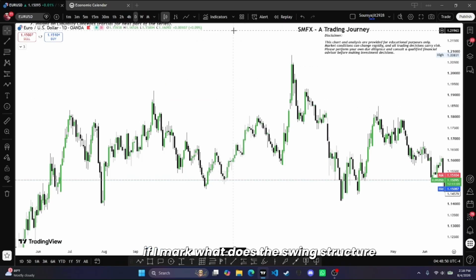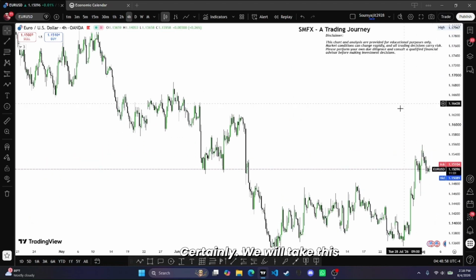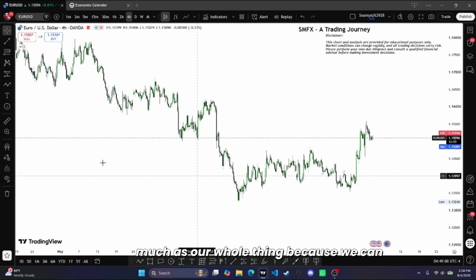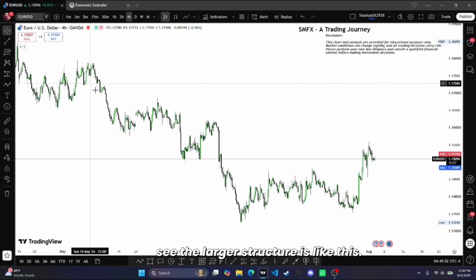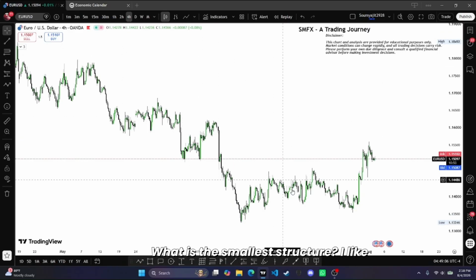Now if I mark what is the swing structure and internal structure, I guess it will be better if we go to 4 hours. Certainly we will take this much as our whole thing, because we can see the larger structure is like this, while the smaller structures are like this.